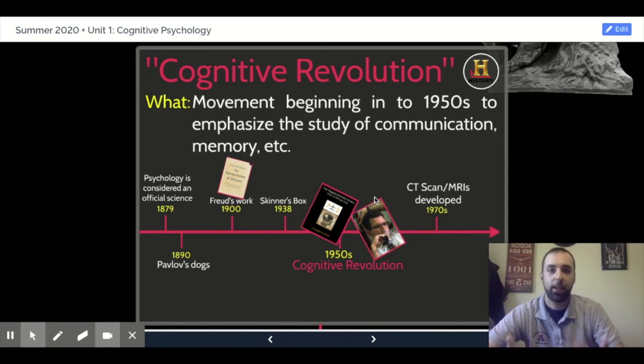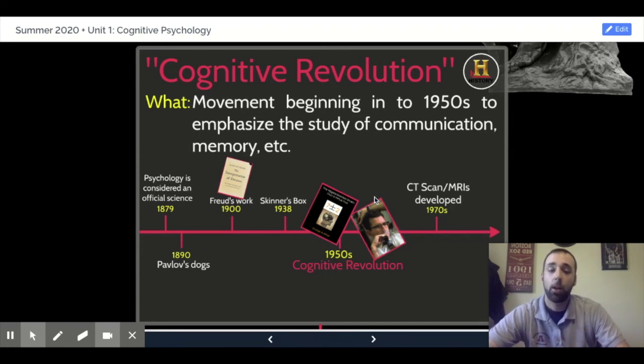The term cognition, and this idea of emphasizing the study of thinking, didn't really spawn into the 50s or 60s for a few different reasons. One of which was there was a breakthrough in memory, which we are going to reference shortly. And additionally, there were some breakthroughs in language, but also technological breakthroughs. Things like CAT scans and MRIs, and eventually fMRIs, were invented that allowed us to get a good understanding of what was happening in the brain when somebody was making a decision or utilizing memory.